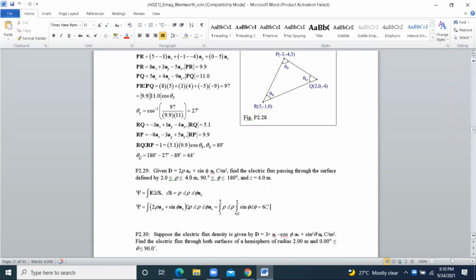Sir, what happens to the 2 rho a rho, the unit vector a rho? When I found the unit vector for z, it was 1, so it came out of the equation.